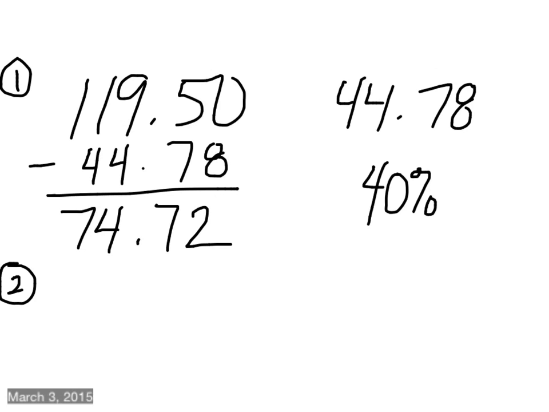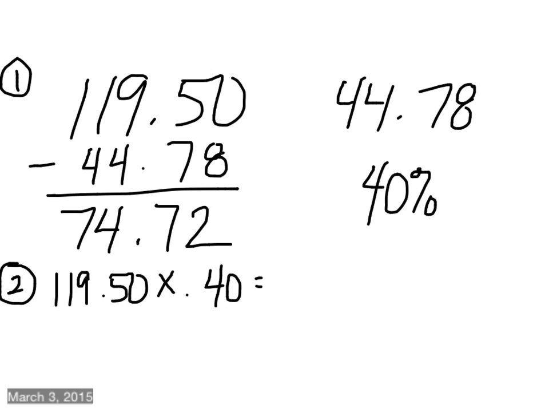Step 2. Now I need to take the $119.50 and multiply it by 0.4. Where did I get the 0.4 from? You guys remember? The 40%. Right.